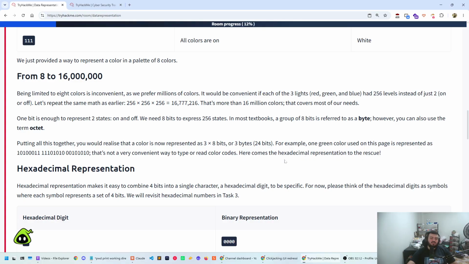If you have ever worked with Photoshop, or any colors, even HTML or CSS, you would know that you can set the color using a hashtag, and then like 6 Fs for white or 6 zeros for black, and then whatever is in between. So now this is what is called the hexadecimal representation.